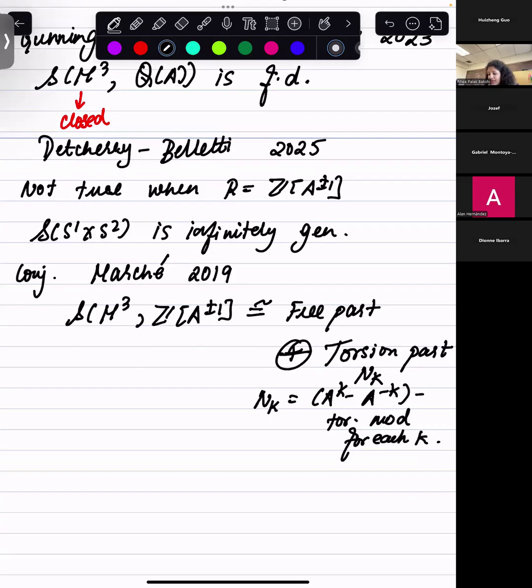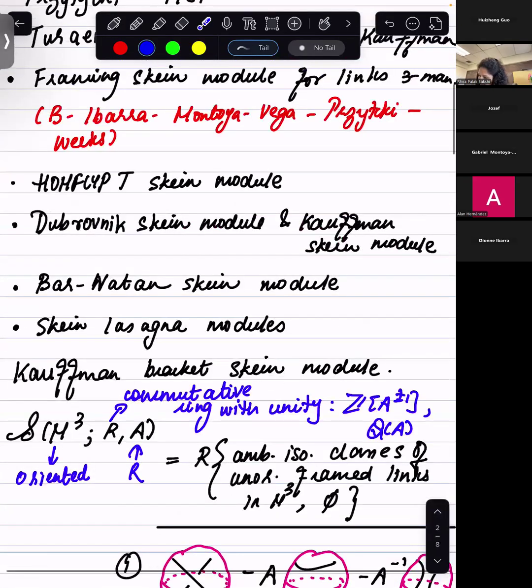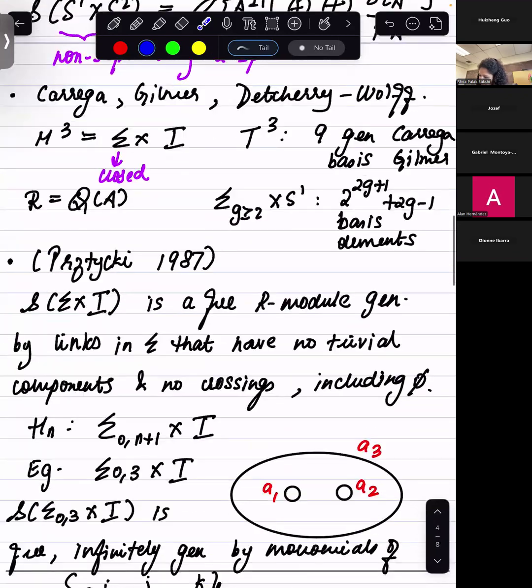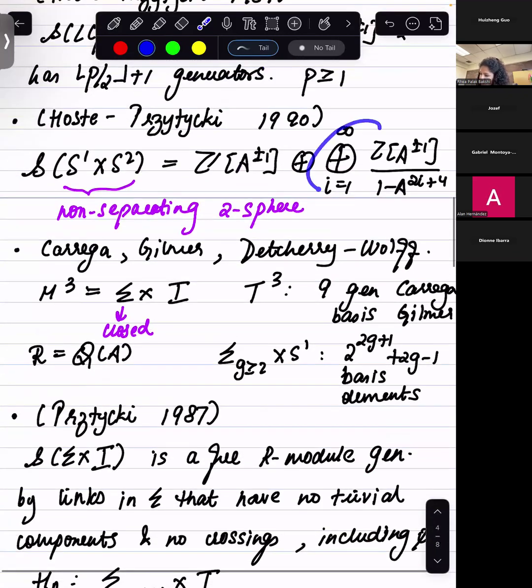Okay. So what he conjectured was that if your three-manifold is closed, then over the ring of Laurent polynomials, you always have a decomposition into free and cyclic parts. So we saw this for S1 times S2. We know that it has one copy of this free part, and then you have this infinitely generated torsion part, cyclic. Let me go back in case you have forgotten. Where is it? Over here.